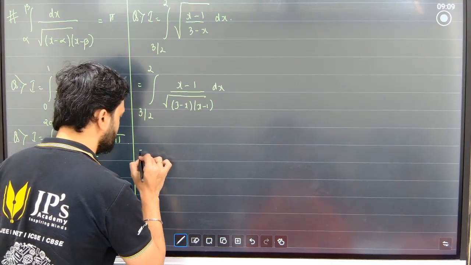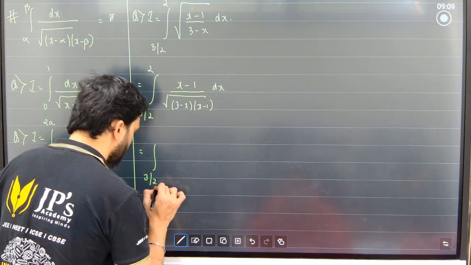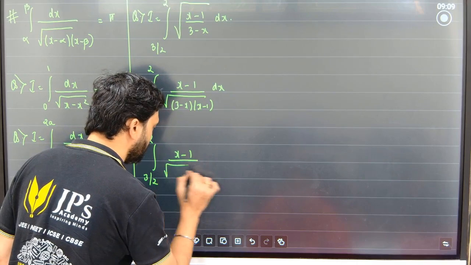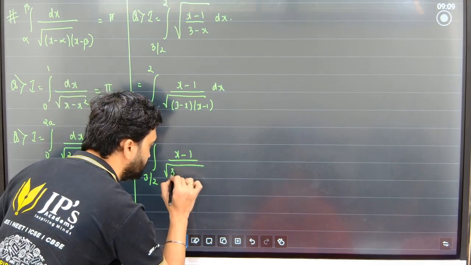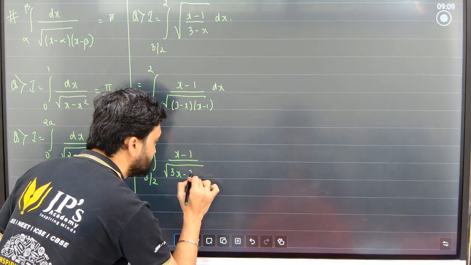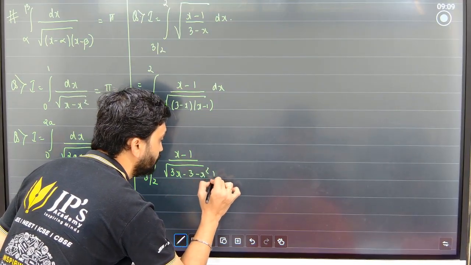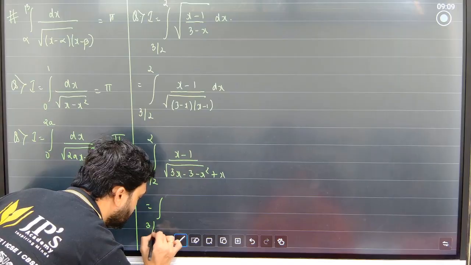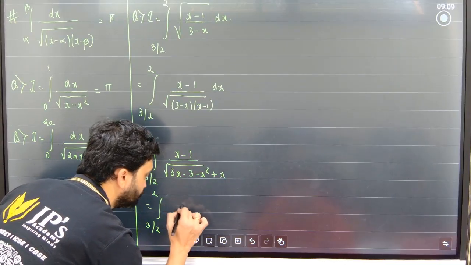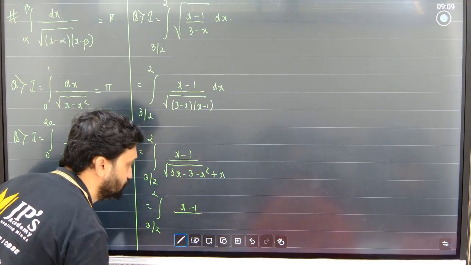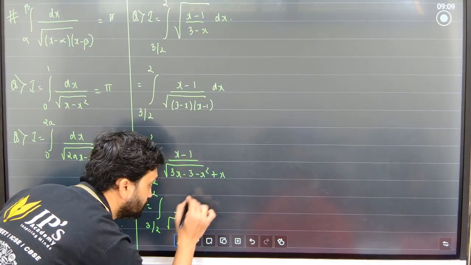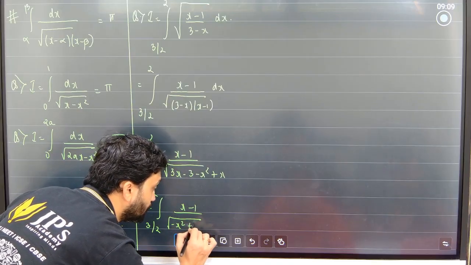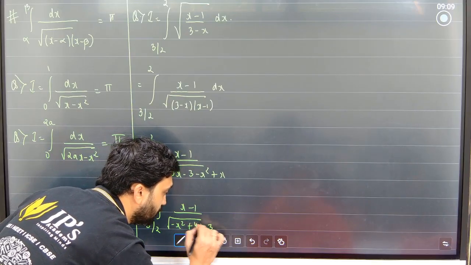I am left with 3 by 2 to 2 x minus 1 upon under root of 3x minus 3 minus x square plus x, which is nothing but 3 by 2 to 2 x minus 1 upon under root of minus x square plus 4x minus 3.